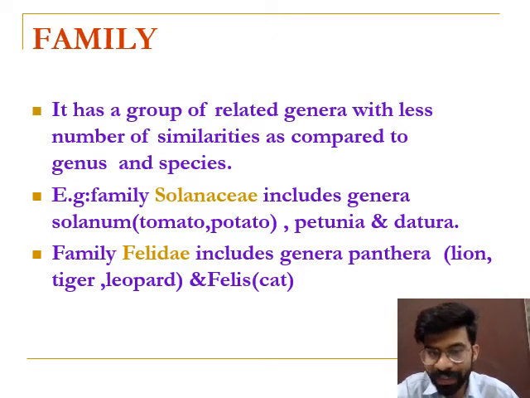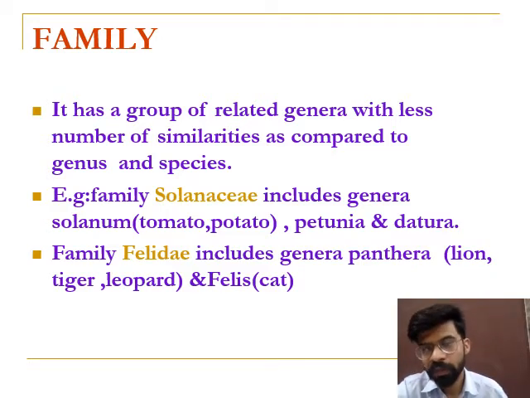Felidae includes different genera, such as Panthera, which includes lion, tiger and leopard, and Felis. Panthera and Felis are different genera included in a single family known as Felidae. So this is about family.